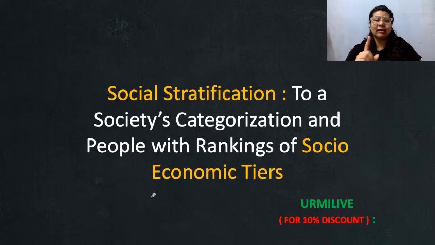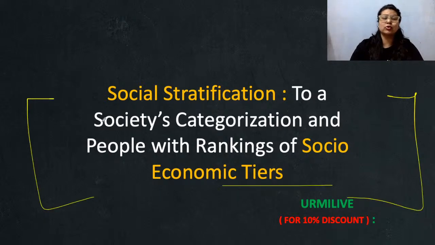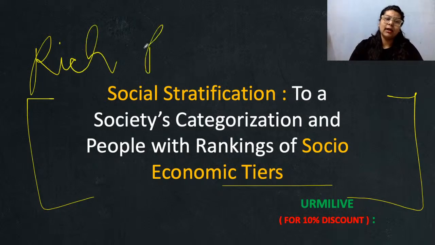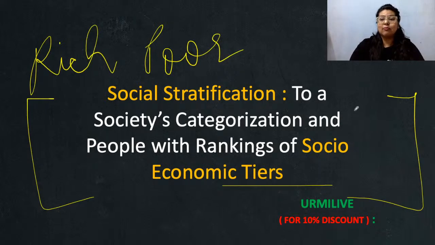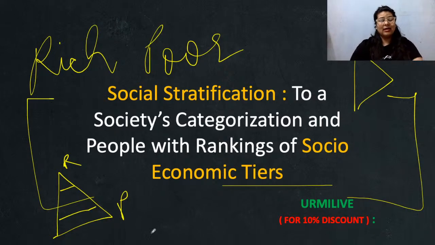Okay, what is stratification? It is a society's categorization of people with a ranking of socio-economic tiers. What are socio-economic tiers? I told you that someone can be rich, someone can be poor. Not everybody can be rich, not everybody can be poor. So this is basically a model which we have seen in our class. Okay, let me draw it here. This is a model, and the moment we say stratification you should know that this is the model. Here are rich people, here are poor people, here are Brahmins, here are deprived classes.